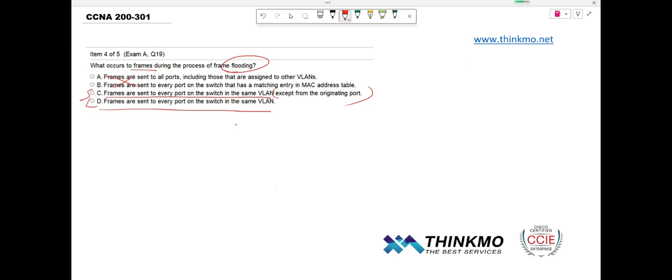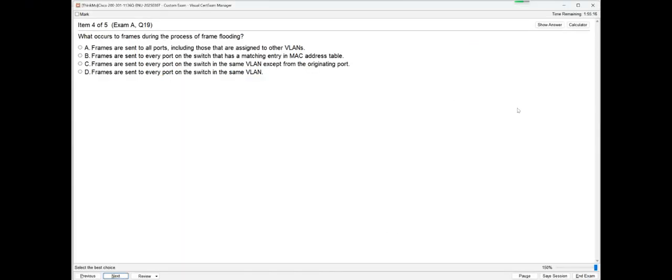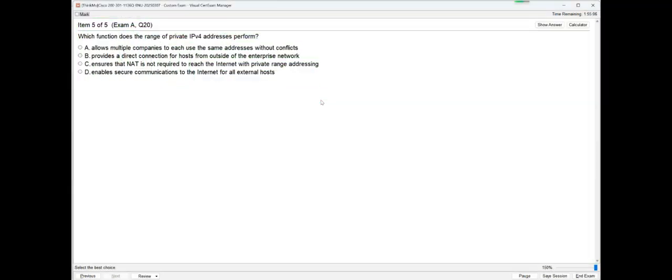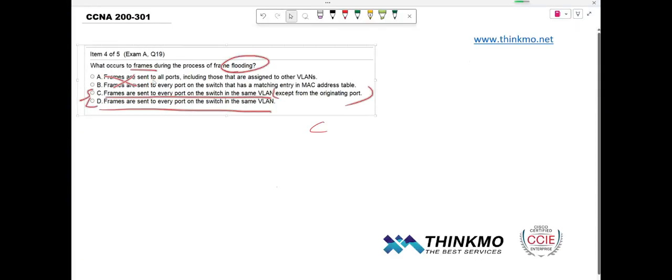These 2 answers look the same at the front, but then it says, in addition to the original port, it will forward the flooding from other ports in the same VLAN. So the correct answer is C. Option D is not detailed enough. Choose C.